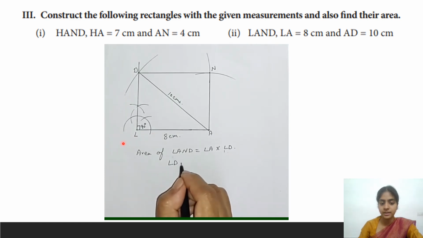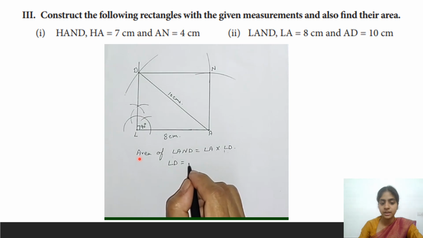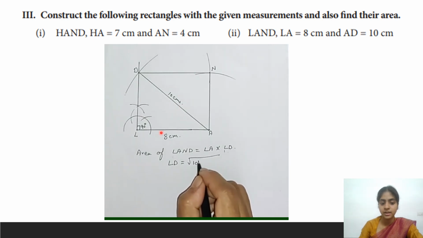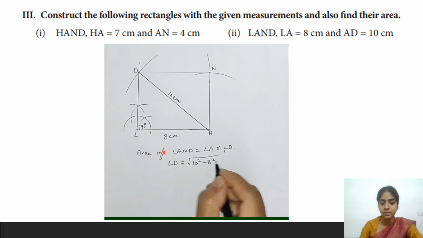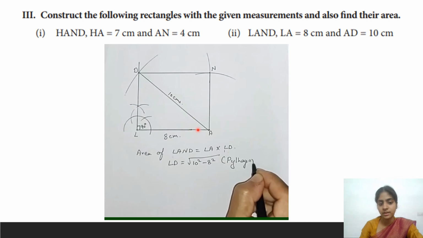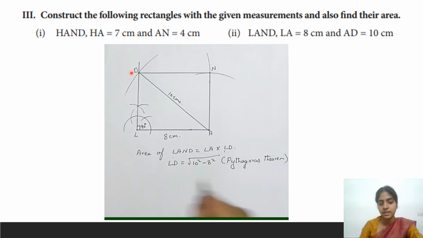Here LD will be, by Pythagoras theorem, 10 square minus 8 square, because here AD is the hypotenuse, and hypotenuse square is equal to the sum of the squares of the other two sides. So LD square plus LA square gives DA square.